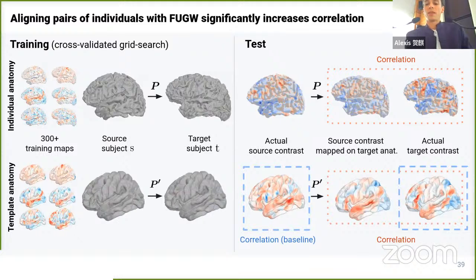We add one more experiment. We want to see if functional alignment can be used in combination with anatomical co-registration. So we project all contrast maps from above onto a common anatomical template, do the exact same procedure, compute an optimal transport plan, and do predictions.